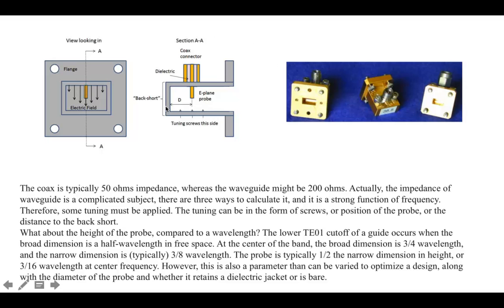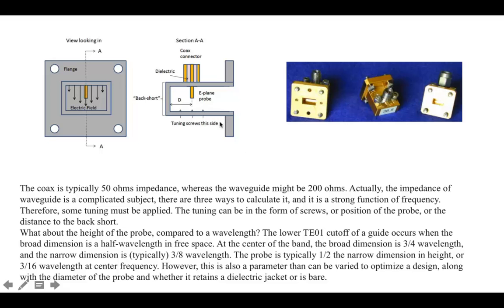So if you bring this antenna in on the back, this is like taking this and rotating it 90 degrees. On the back side, you would put a short at some distance D, and D can be optimized for your particular design, and then the waveguide proceeds in this direction.